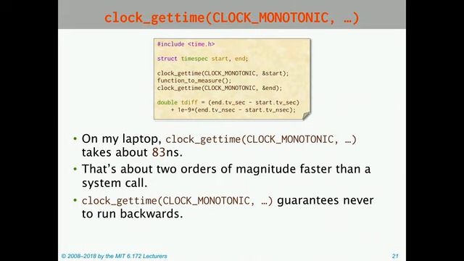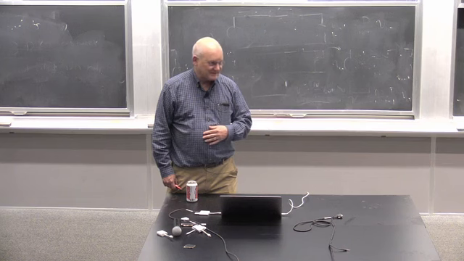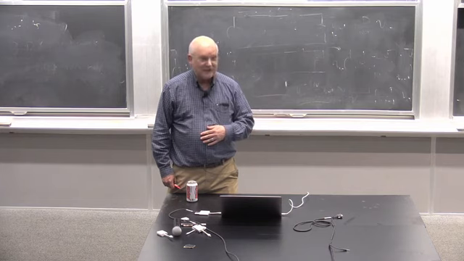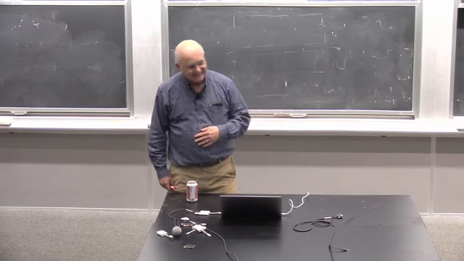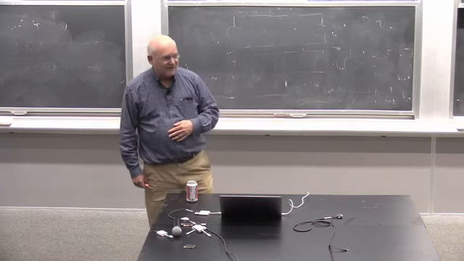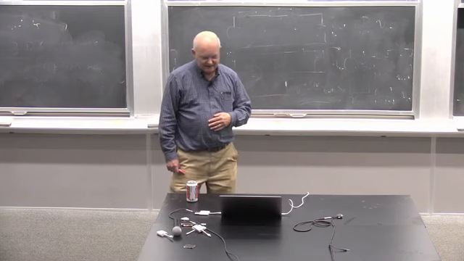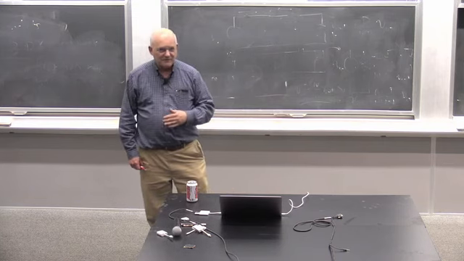That's about 2 orders of magnitude faster than a system call. And one of the things about it, this is such a funny thing to have to say, is that it guarantees never to run backwards. Turns out the other timers can run backwards. You can take measurements and discover they're negative. This one does not run backwards.